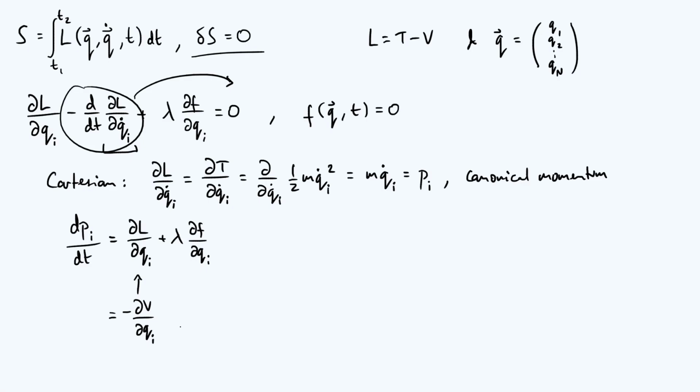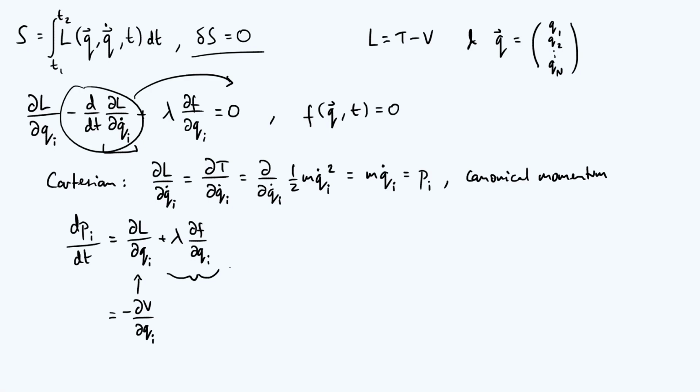More generally, regardless of what the q_i actually are, whether they're angular or linear coordinates or something more complicated, we can interpret that dL by dq_i term as a generalized force coming from the potential. So we've got rate of change of canonical momentum is the generalized force from the potential, meaning that this lambda df by dq_i term could also be interpreted as some kind of generalized force.